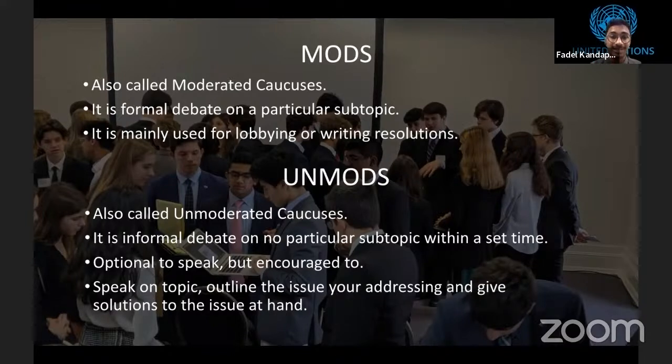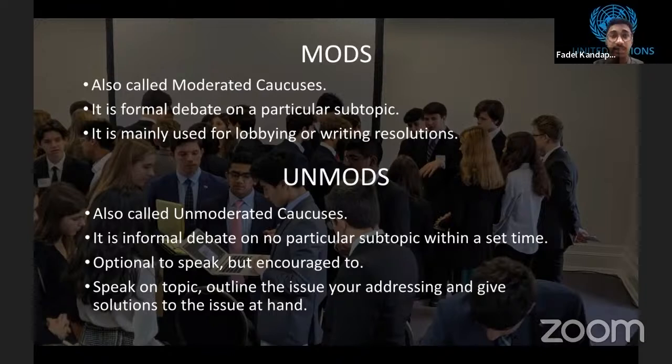So what that means is, say you have a topic which is a humanitarian crisis that's happening somewhere, and you want to specifically discuss the issues happening within the prisons of that country, right? If you want to discuss that, you can raise a motion for a mod. You say, a motion to raise a moderated caucus on the topic humanitarian exploitation in China, for example.